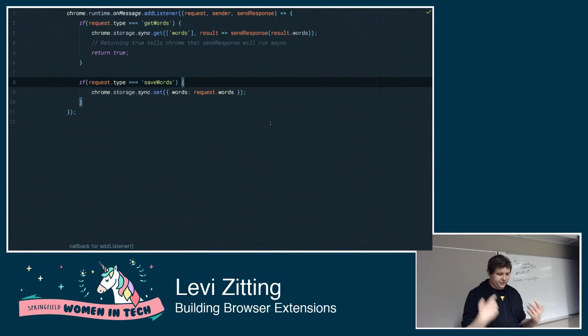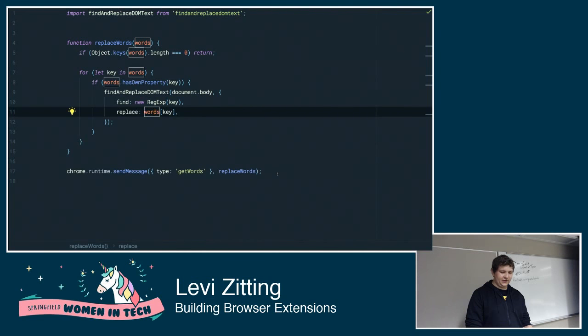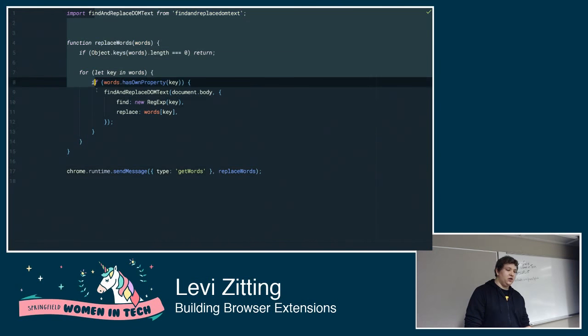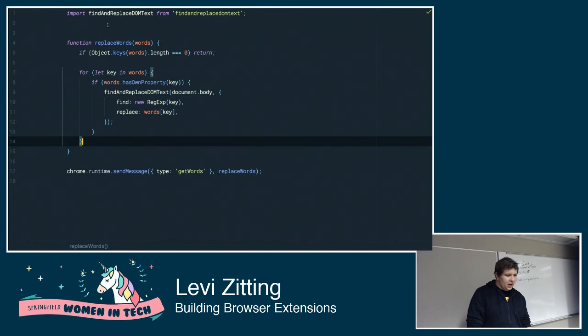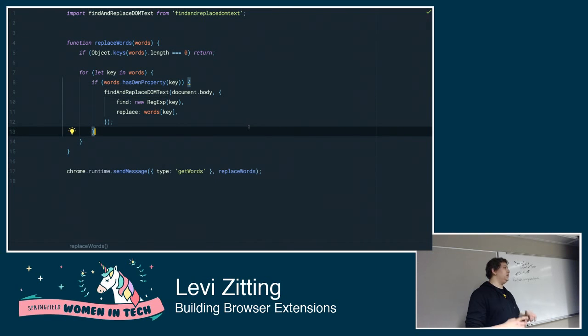And before I demo it, let's just go ahead and look at the last bit of code that we needed to implement, and that's here in content.js. So I already had all of this written a second ago. I'm importing this library from NPM called find-and-replace-dom-text. We can just give it an HTML element and it'll do all the fancy searching that needs to happen to find the actual text we care about and replace it.